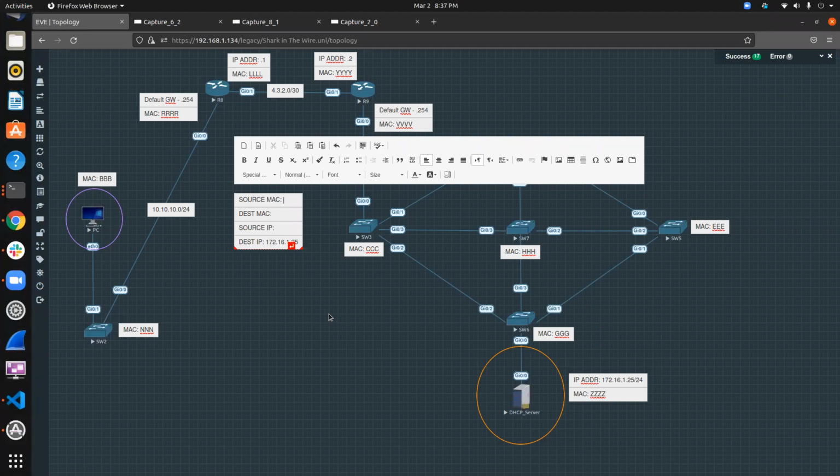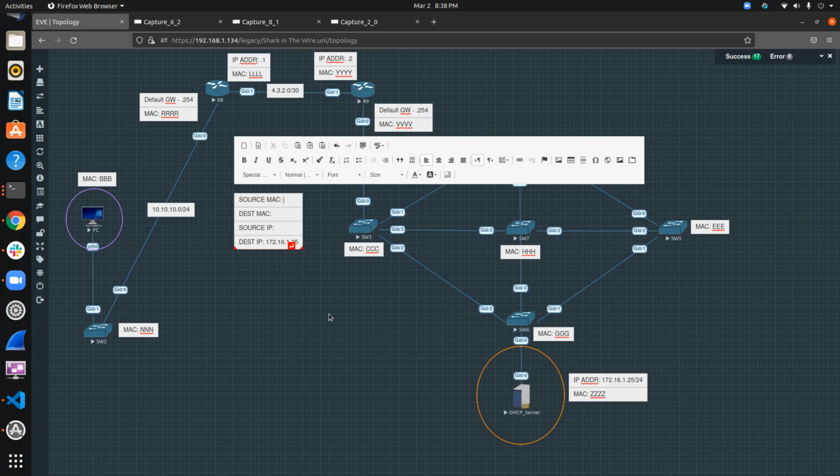Okay, but here's the thing I'm going to point out to you. One of the traits of future engineers and system admins is understanding the scope of a question or the scope of an issue. My question to you was, and I already helped you out a little bit, we already rewrote the packet and said R8 is going to send it out towards the DHCP server. My question was, what is the packet going to look like leaving R8 and going towards R9?